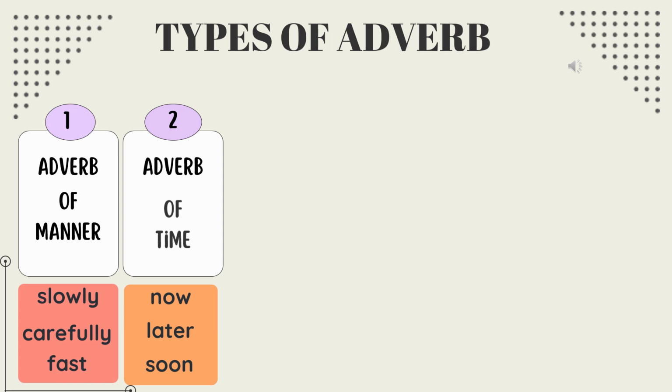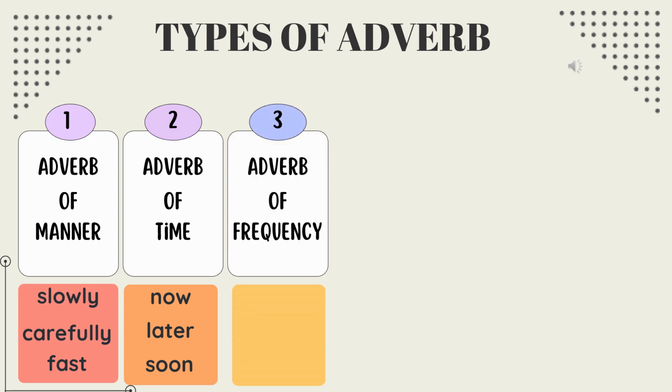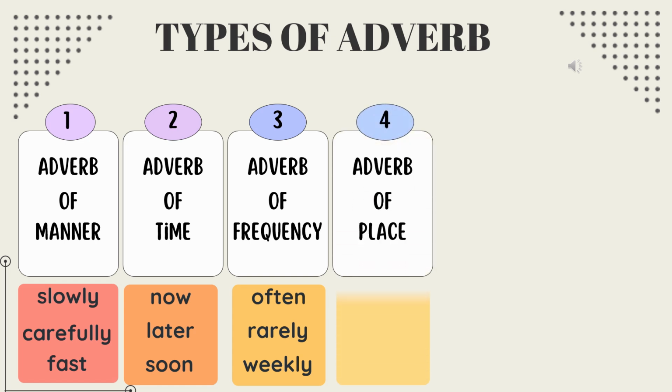As we saw with suddenly or yesterday. Examples: now, later, soon. Adverb of frequency. How often does it happen? As we saw with always or often. Examples: often, rarely, weekly. Adverb of place. Where did it happen? As we saw with up or there.